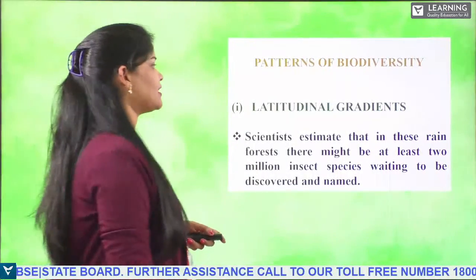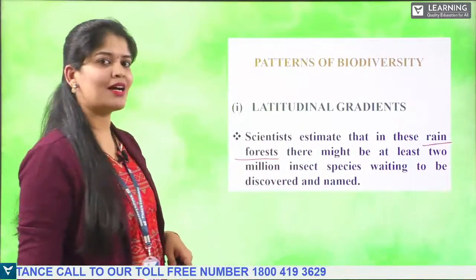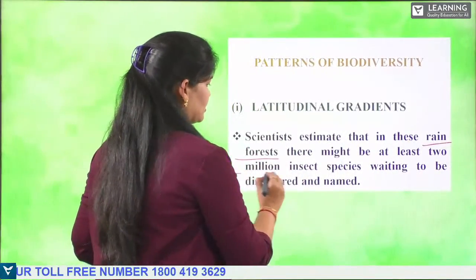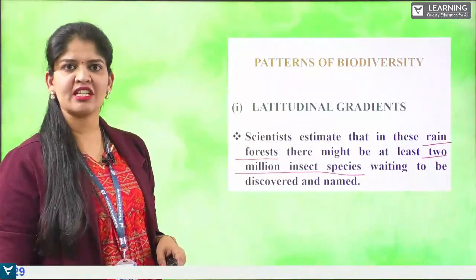Scientists estimate that in the Amazon rainforest there might be at least 2 million insect species waiting to be discovered and described.